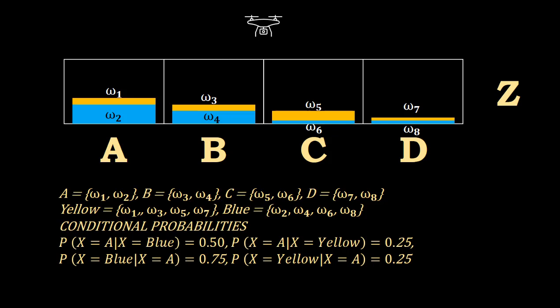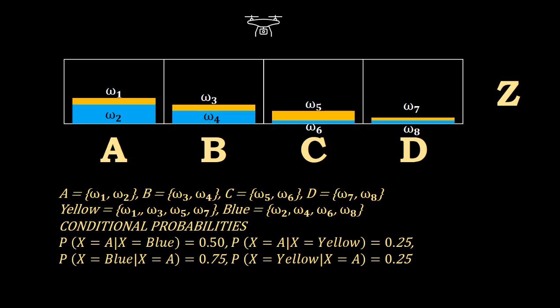So this vertical bar means conditional on or given that. So basically that means that x equals blue is something that happened, or something we are assuming will happen. So let's say that we get the information, someone tells us, oh, I saw the drone landing in a coastal region.